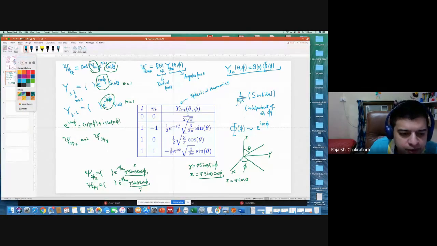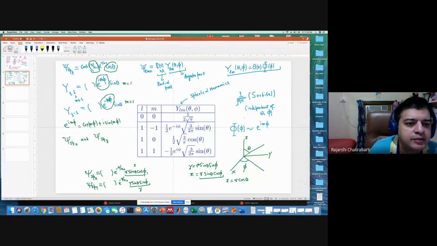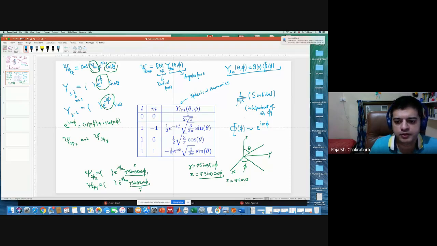But again, you see, you don't have this exponential. I'll just make it 1 here. So I'm explicitly taking 1. See, because I have written the expression here. The expression is something like some constant, sine theta, exponential of minus i phi.